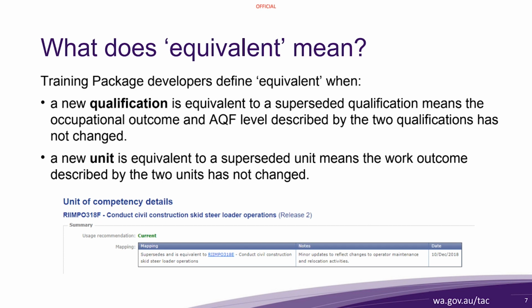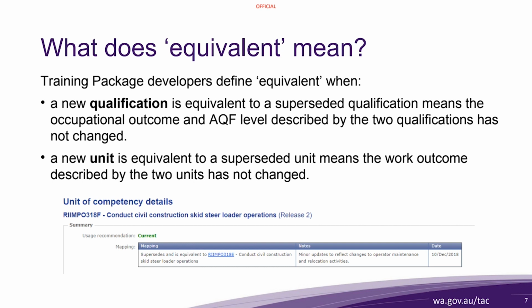They also have to declare for each unit of competency whether the previous version is judged or deemed to be equivalent to the new version. And so a superseded unit is declared to be equivalent to the new unit if the work outcome described by the two units has not changed.